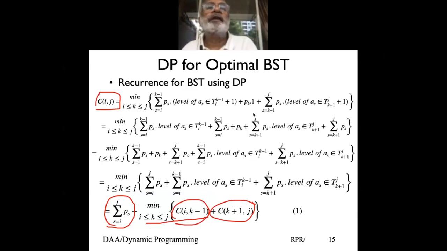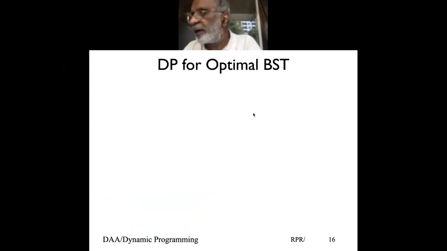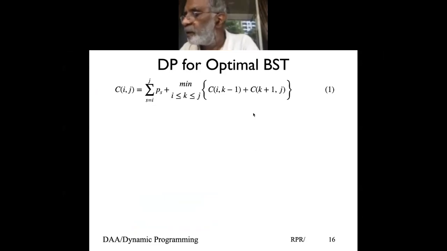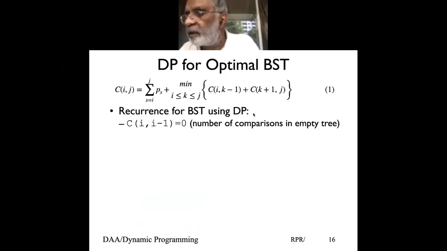Using this we can find Cij, and once we build it up, we need to find C1n, so we can find C12, C13, C23 and so forth, and that will give us the cost Cij. We take an example to do that. So we know what the basic cost is, and we use this recurrence relation to build our binary search tree. Now you look at this case: the cost of Ci i minus 1 is 0.